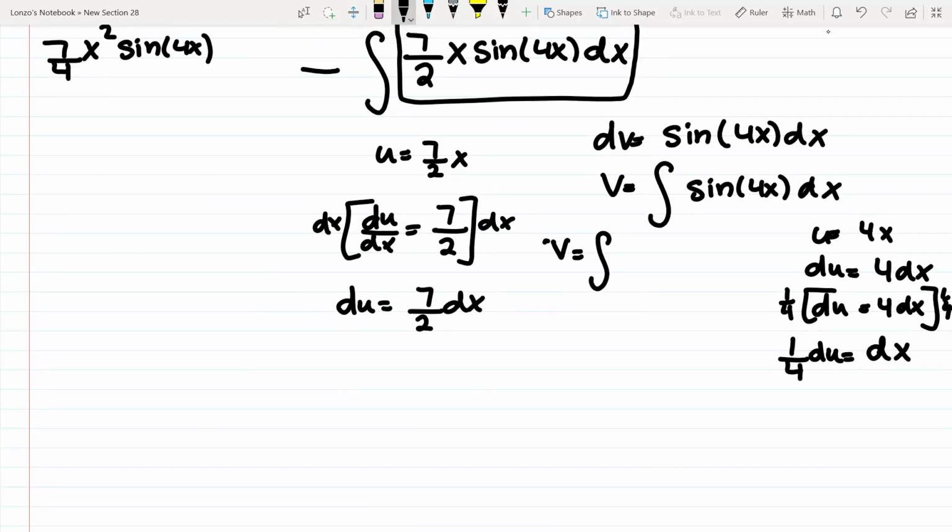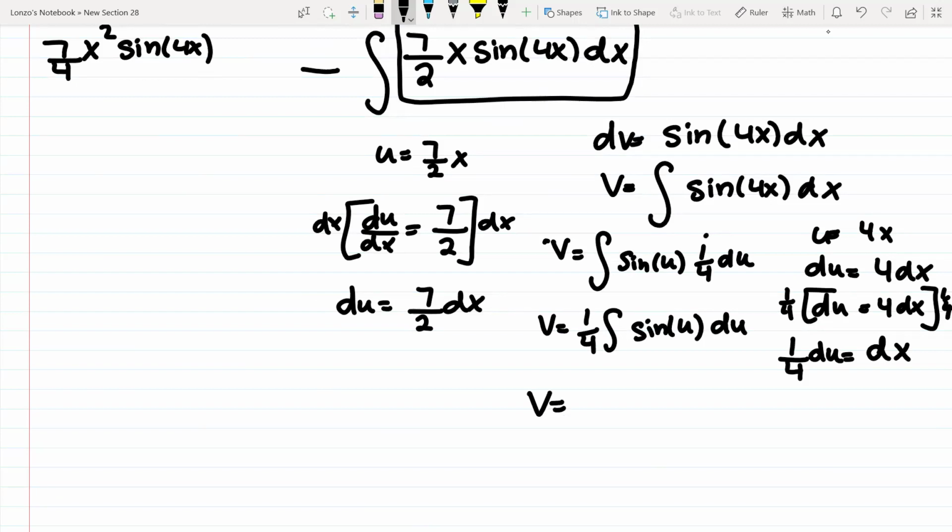So it's going to be sin of u, and then you can replace dx with 1/4 du. Since 1/4 is a constant, go ahead and take it out. And then it's sin of u du. So that's going to be v equals 1/4, and then what's the integration of sin u?